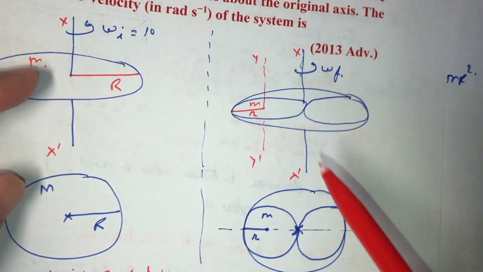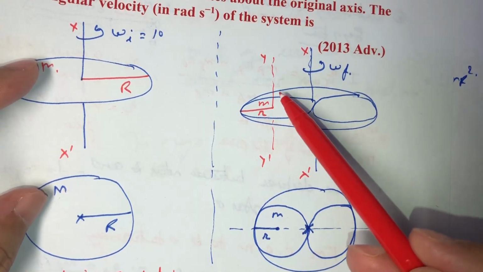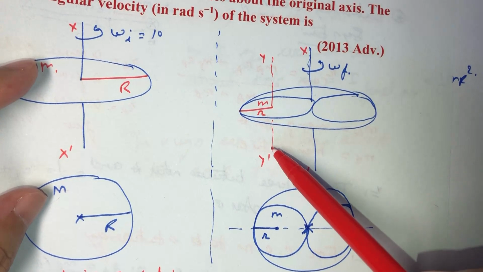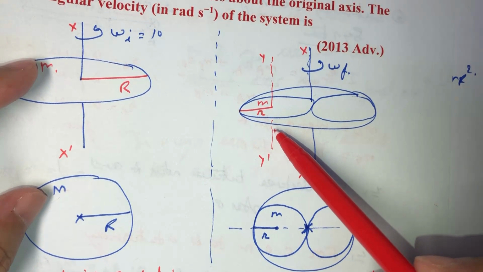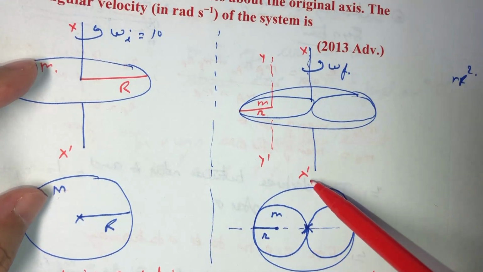Okay. So initially they are rotating about y prime. So we can find out the moment of inertia of the ring about the axis y prime. Then we are going to use the theorem of parallel axis and find the moment of inertia of the ring about the axis x prime.